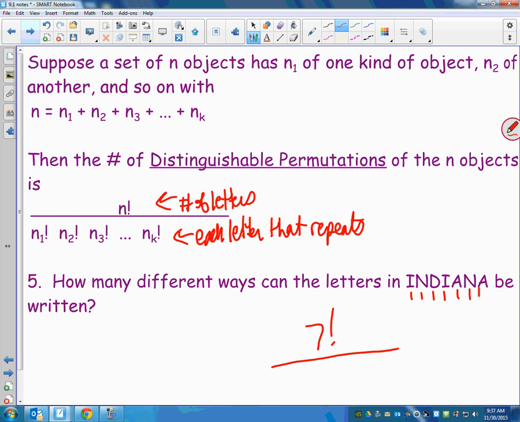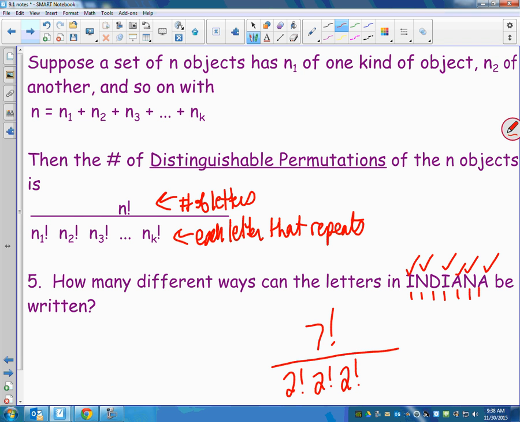There are 2 i's, so I do 2 factorial. There are 2 n's, so that's another 2 factorial. And there are 2 a's, which is another 2 factorial. If you want, D only appears once, and you could do 1 factorial for D. But it's 1, so I don't ever put that down there.